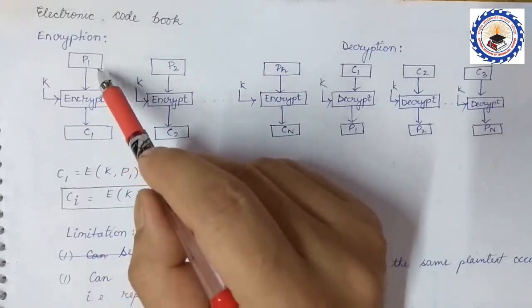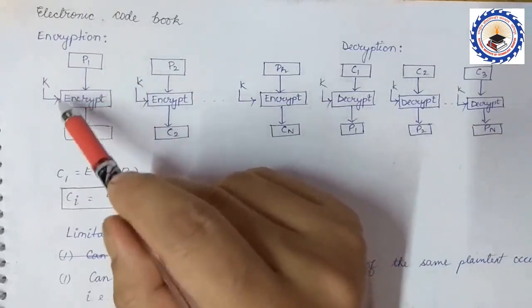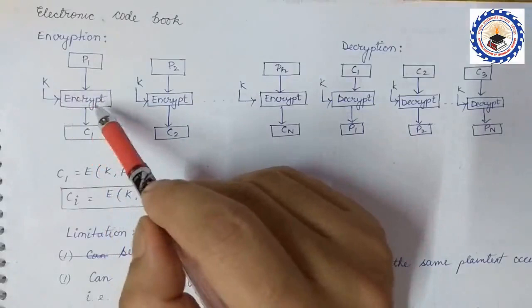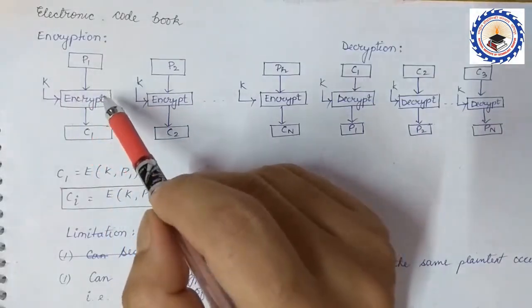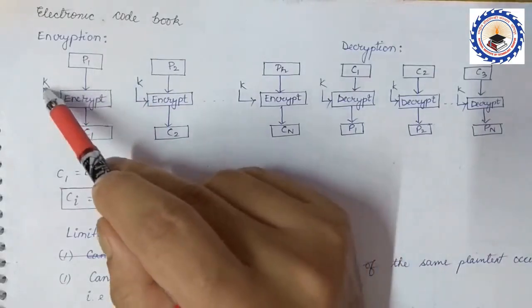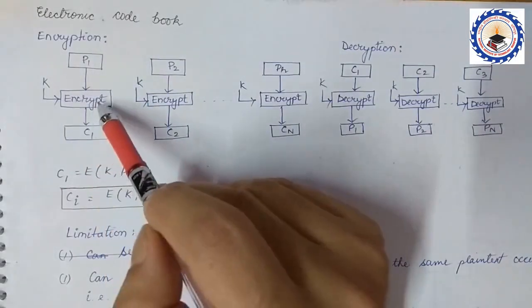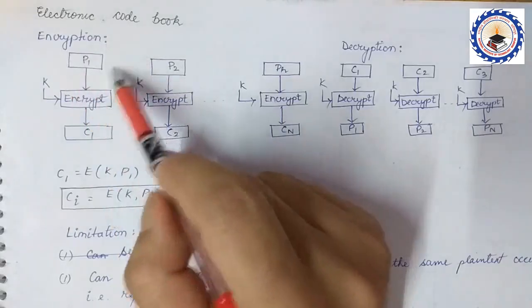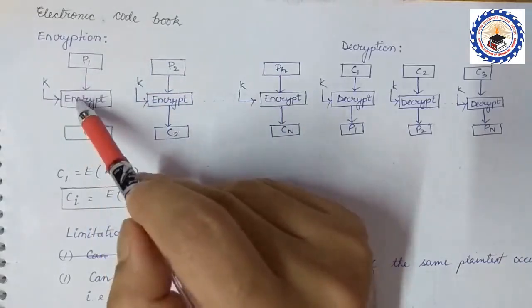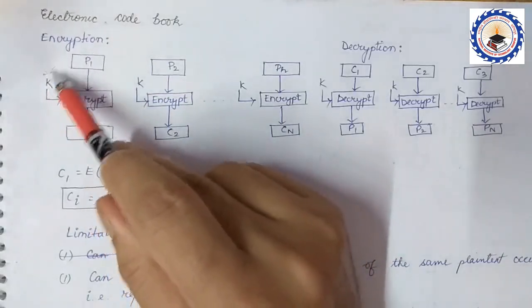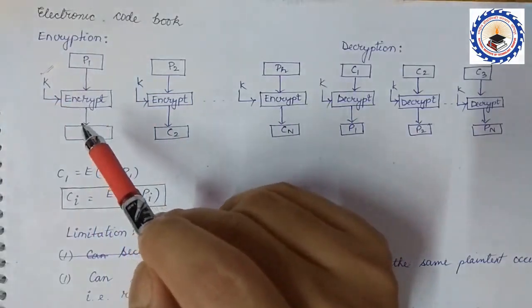So this is a given plain text, then you will perform the encryption. You will be using any algorithm for encryption, either DES or AES. That particular algorithm or transformation will be given. What are the inputs of that encryption? The inputs are the given block of the plain text and the key here. We'll come back to the size of this key later on.